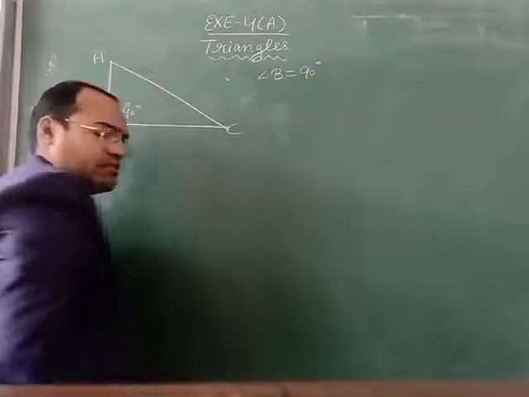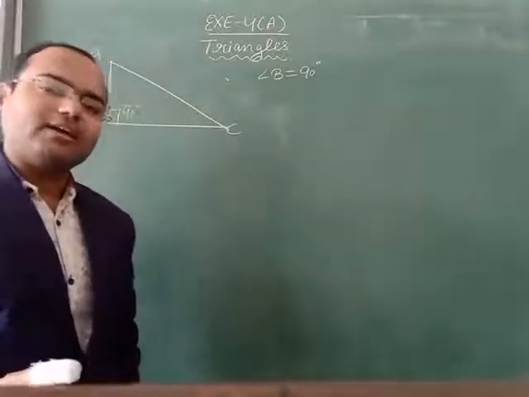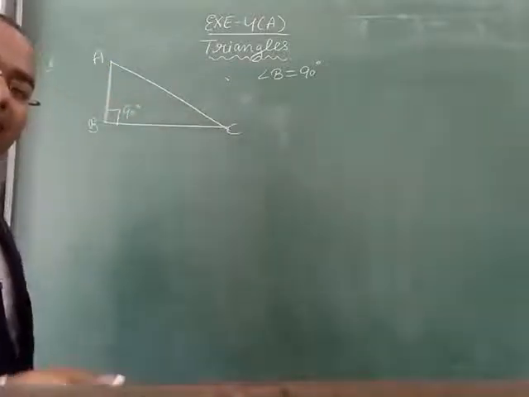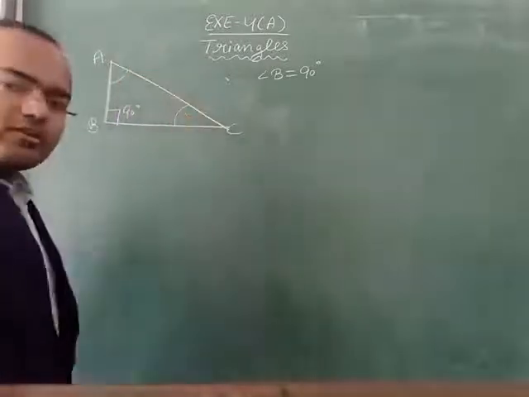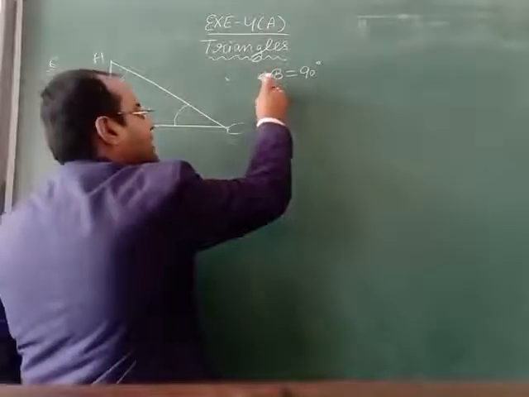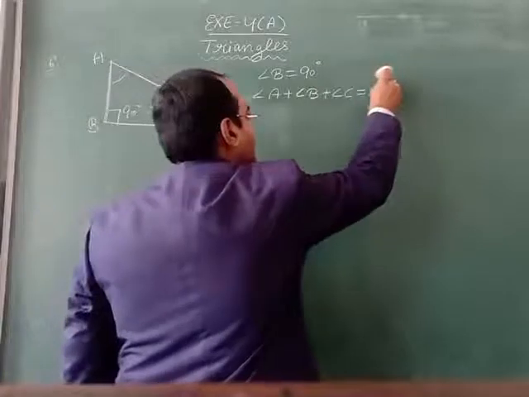In the question, we have to find how many less than 90 angles are there in this triangle. So this is 90 degree. We have to find less than 90. So these two angles value we are not having. So first of all, we will use angle sum property. Angle A plus angle B plus angle C is equal to 180 degree.